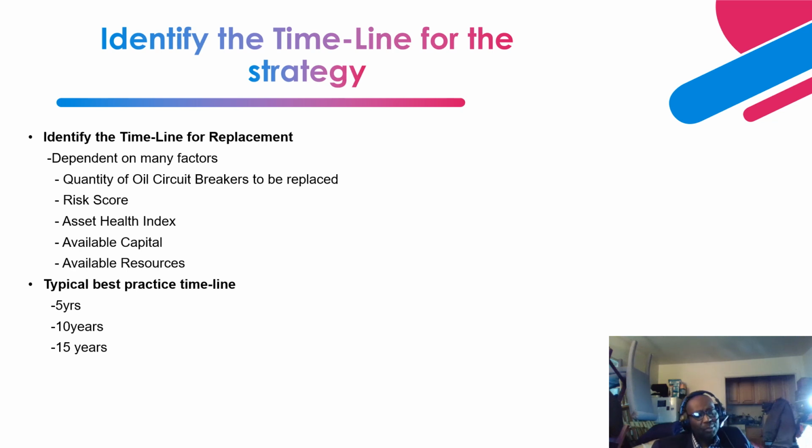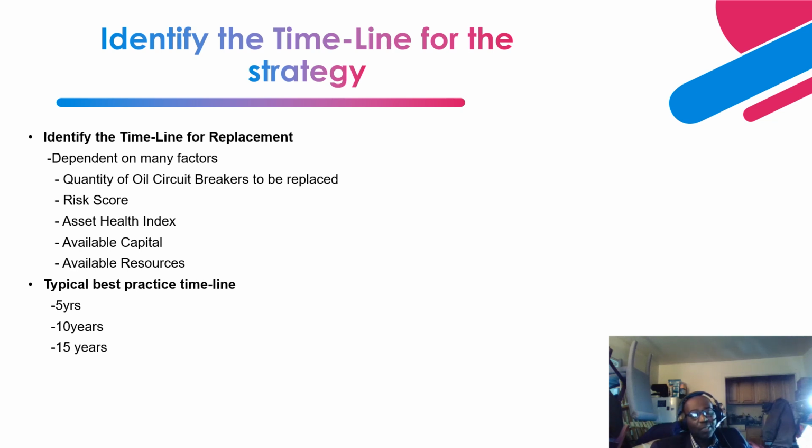I would say that somebody will select 5 years as against 10 years or 15 years if, let's say, they have a high availability of resources and a high availability of capital, right? And also the risk score is very high, the condition of the circuit breakers is not good, and the quantity of oil circuit breakers is not many.